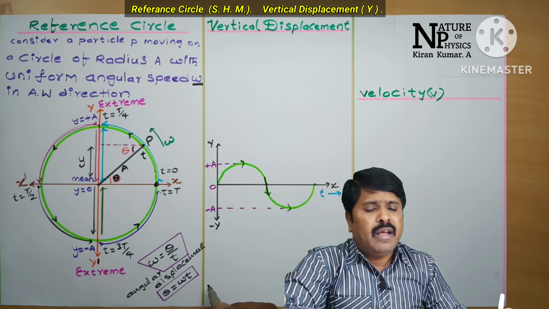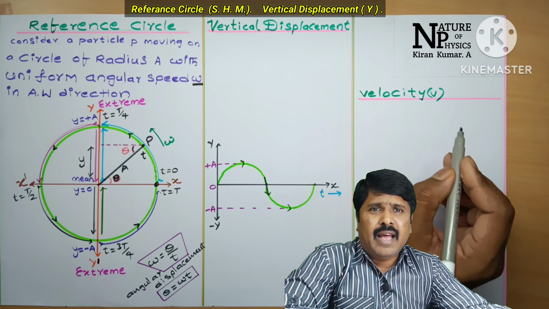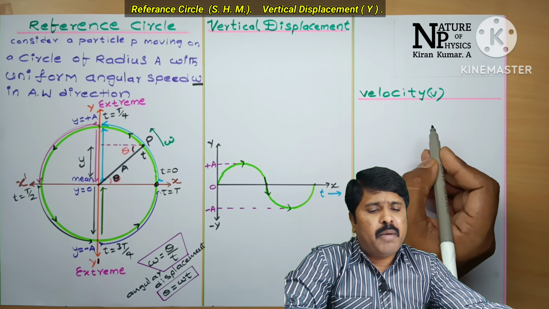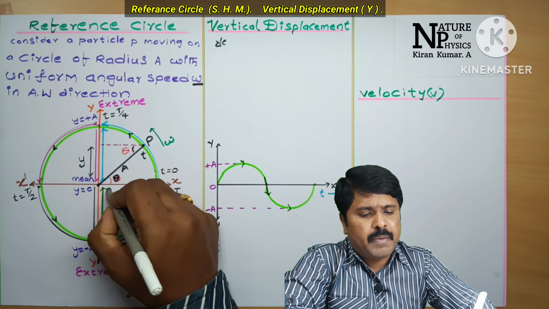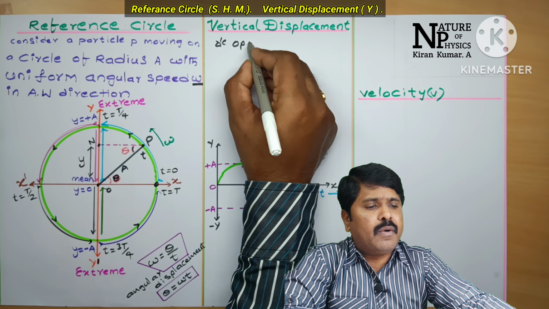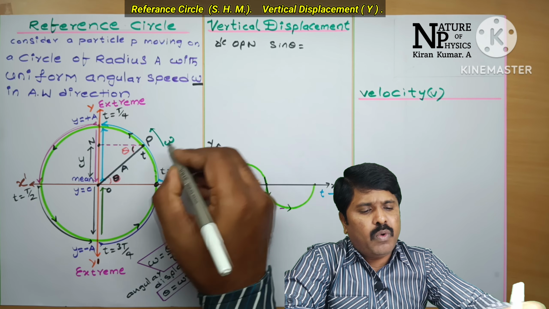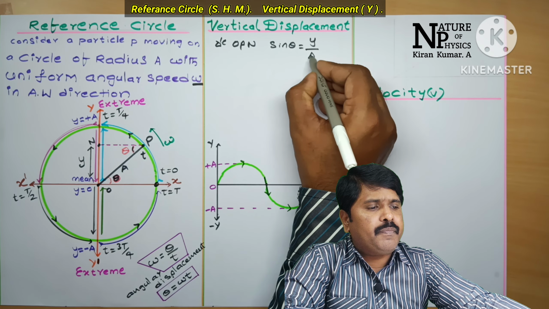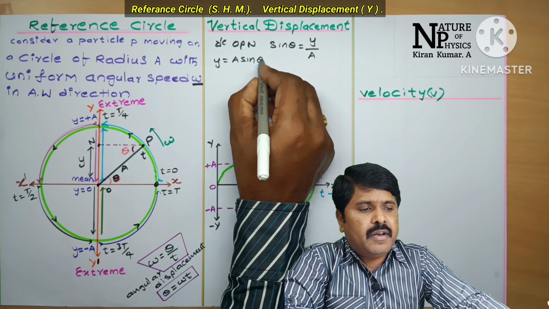Okay students, next I am going to find the vertical displacement. After that we will discuss velocity and acceleration with graphs. For the displacement, I am first considering the triangle with center O, point P, and the normal represented by N, triangle OPN. For this, sin theta is equal to opposite, which is y, over hypotenuse, which is a, so I get y equal to a sin theta.